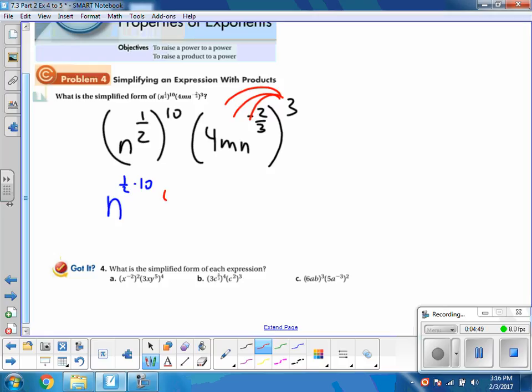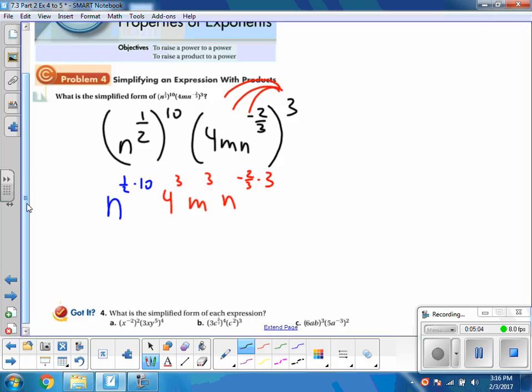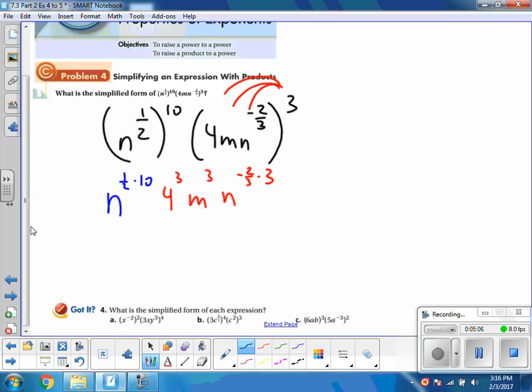So this is saying 4 to the third, m to the third, n to the, is that negative there? Okay, negative 2/3 times 3, and that's my power to power rule. And let's keep doing our simplifying. So half of 10, it's going to end up being n to the 5th.